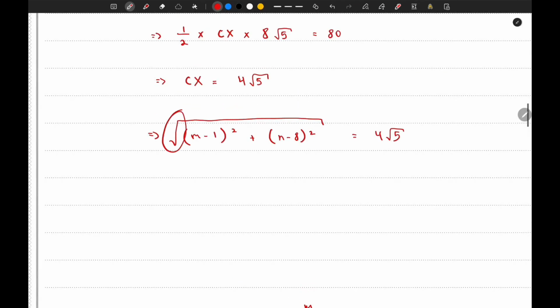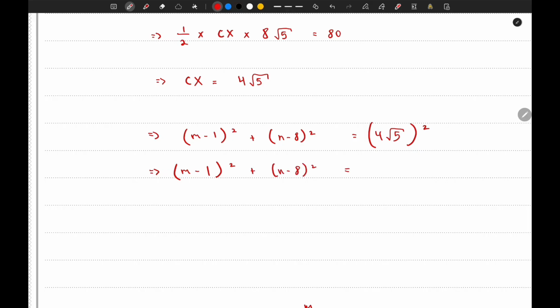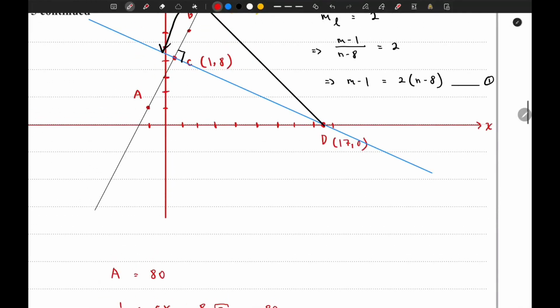Now if we remove this root, we can move it to the right hand side of the equation, so this becomes 4 root 5 whole squared. So now we know that m minus 1 whole squared plus n minus 8 whole squared is equal to 80. So this is our second equation. Now we just need to solve these two equations.